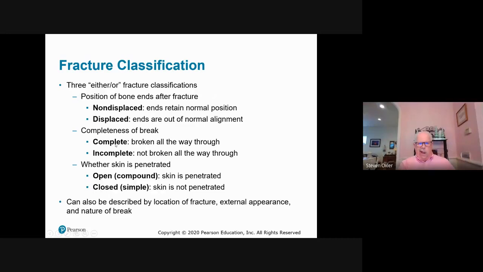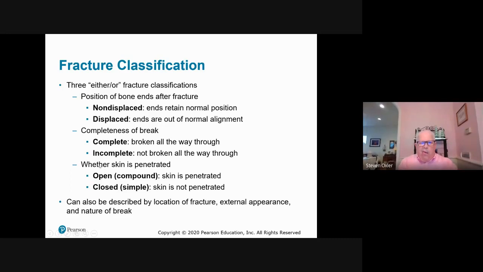A complete break is broken all the way through. An incomplete break means it's not broken all the way through. This is very common in children because their bones are not 100% calcified and they get an incomplete fracture. And we'll talk a little bit more about that when I show you a picture of it.